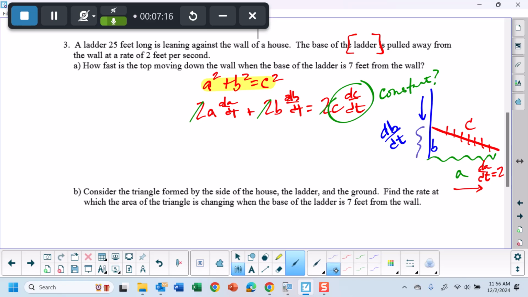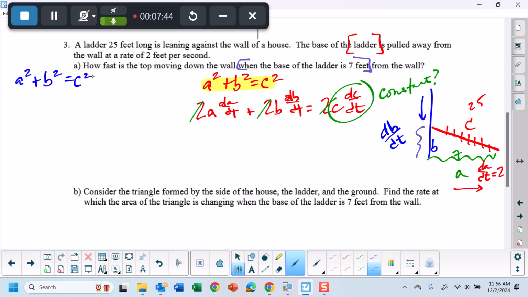When they give you this condition, when the base of the ladder is 7 feet from the wall, that's that moment where we pause the movie. Now, okay, so now when A has a value of 7 and C has a value of 25, I can come over here and do my Pythagorean theorem, kind of like how I had to use the other one to figure out that A value.